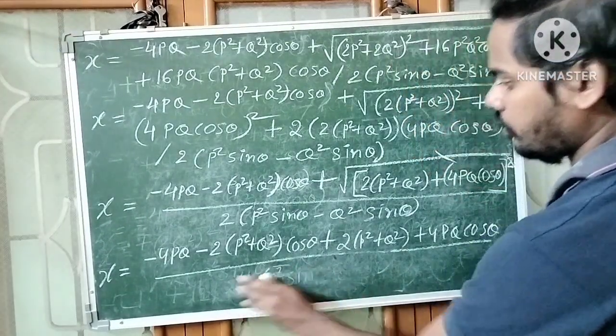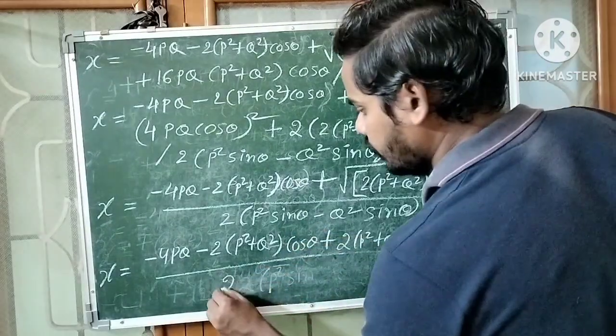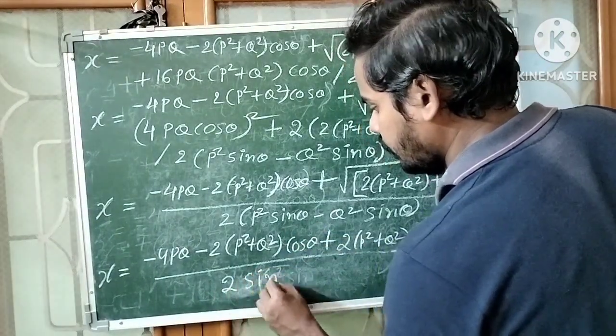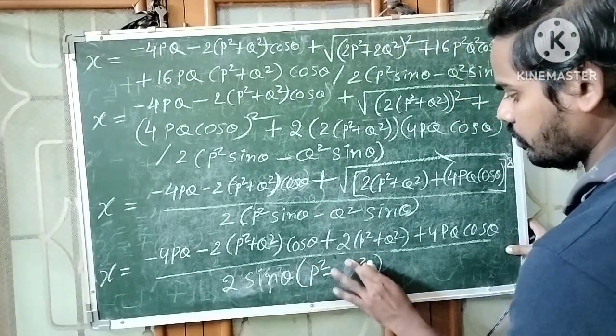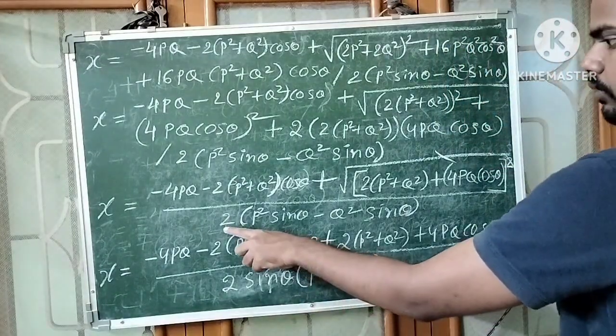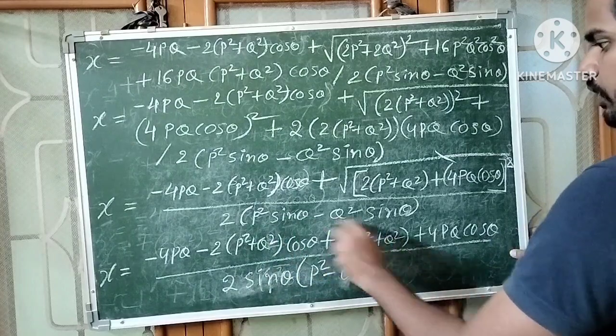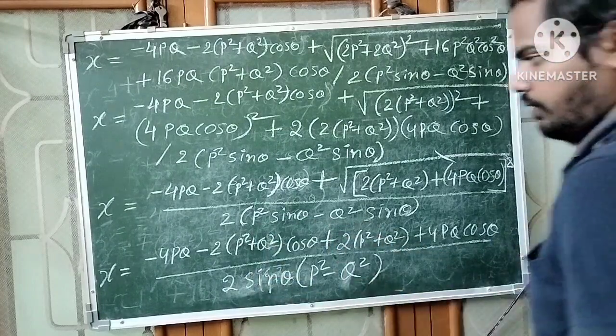So here we can take sin theta common, 2 sin theta common, into p square minus q square.